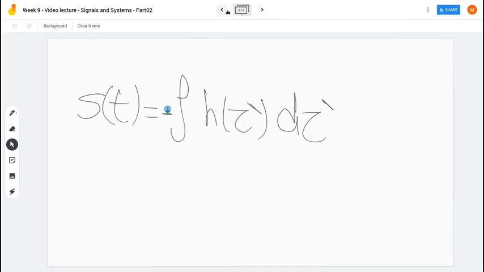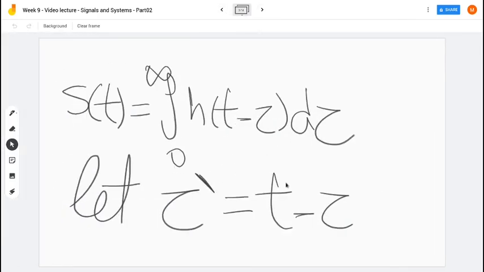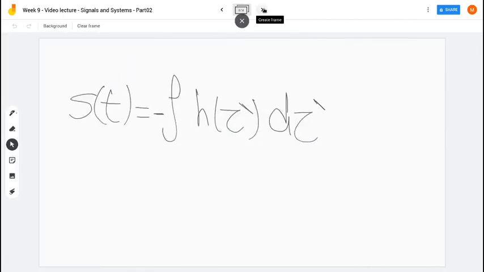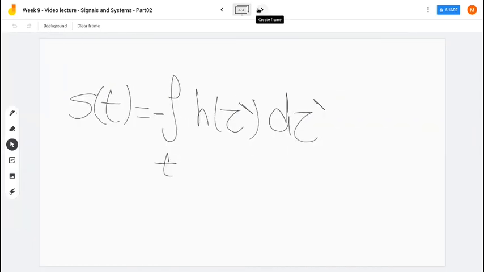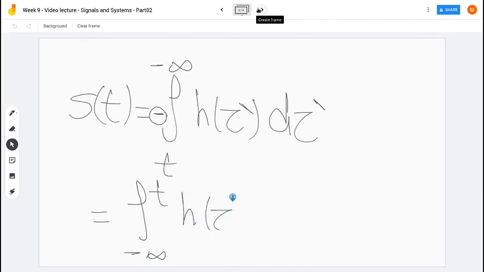When tau is 0, tau prime is t, so the integration will be from t, and when tau is infinity, tau prime is minus infinity, so it goes to minus infinity. Now this negative sign will be used to flip the integration limits, so the integration is from minus infinity up to t, h of tau d tau.